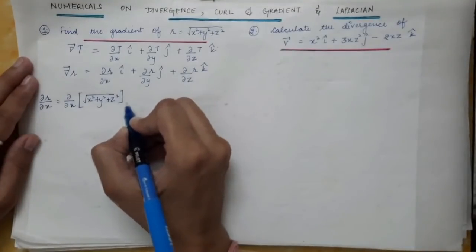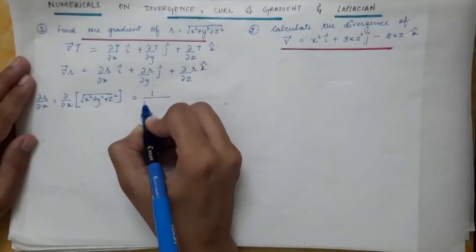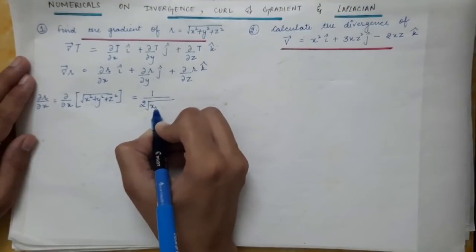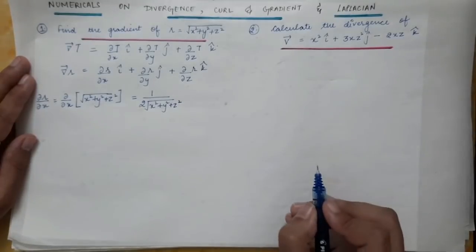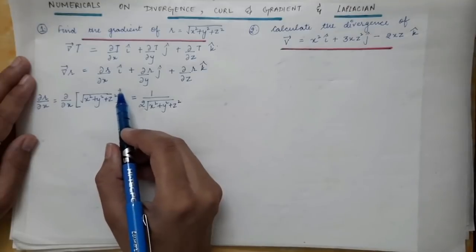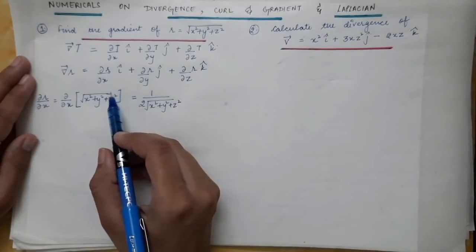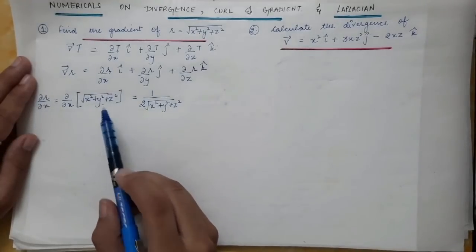The procedure is the same: we take the power in front and decrease the power by 1.